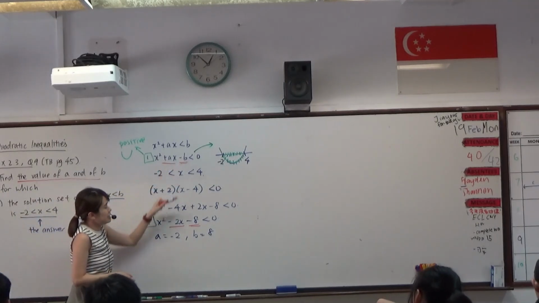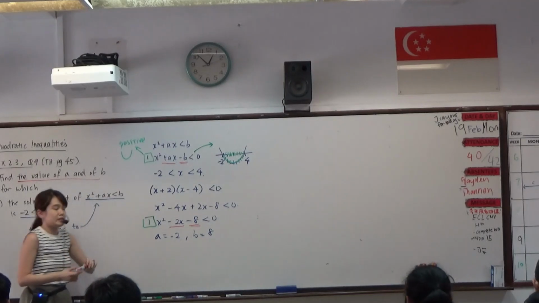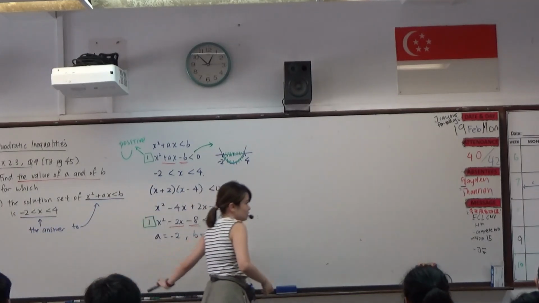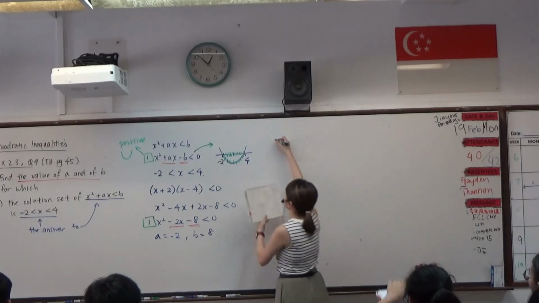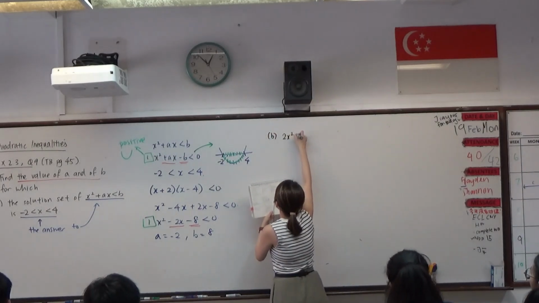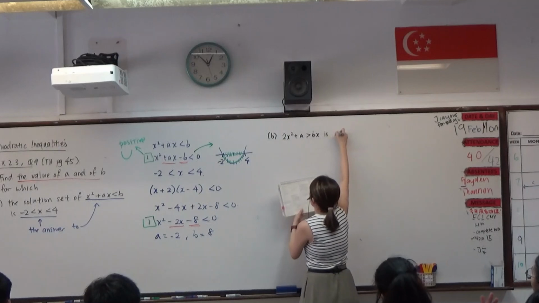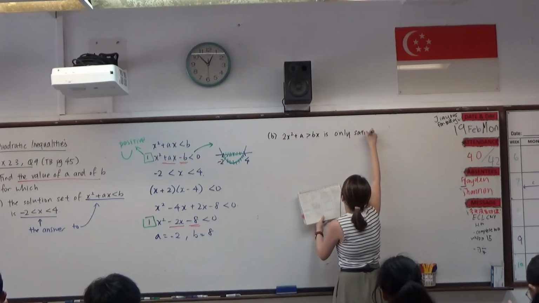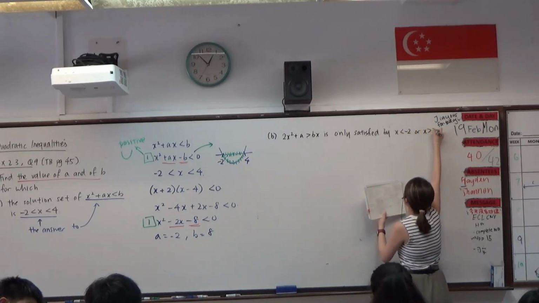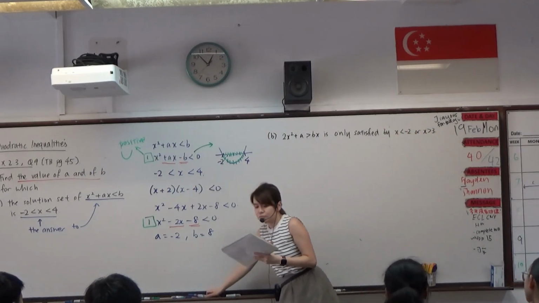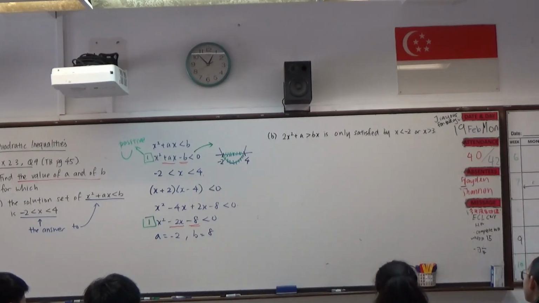So negative b is negative 8, so that's why b must be equal to 8. Questions?